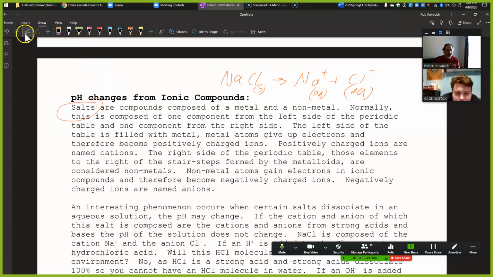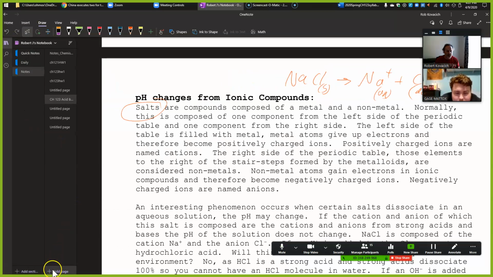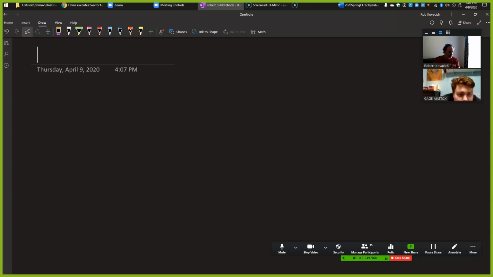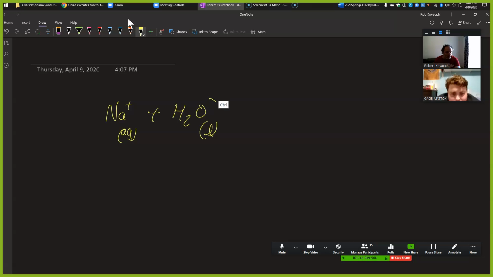The reason it doesn't happen is, when a sodium ion interacts with a water molecule, nothing happens. This does not happen.